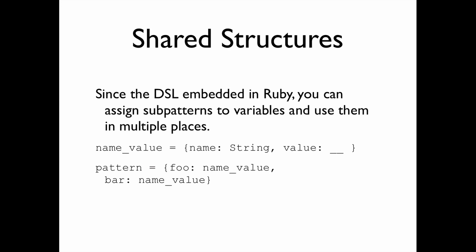Now, handily, because we're doing this in Ruby, you can assign patterns to variables and then use them in multiple places. So maybe a name and a value looks like that, and then a pattern has a foo that points to a name and value and a bar that points to a name and value.